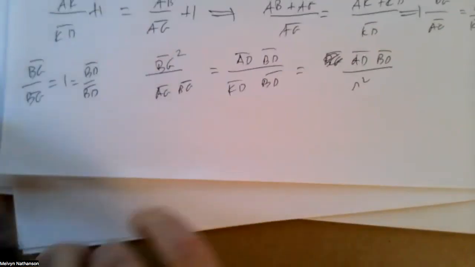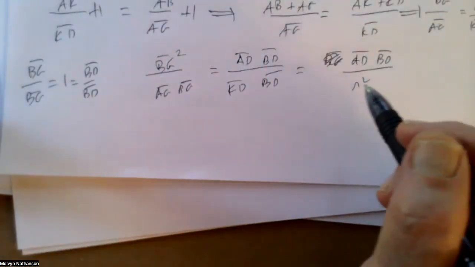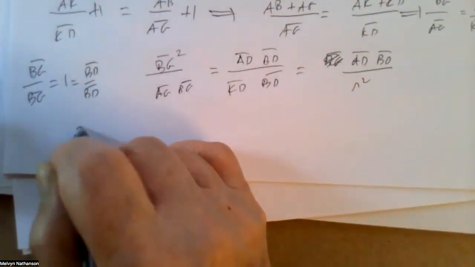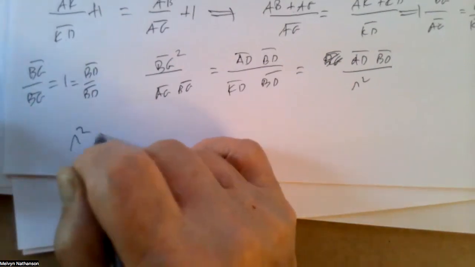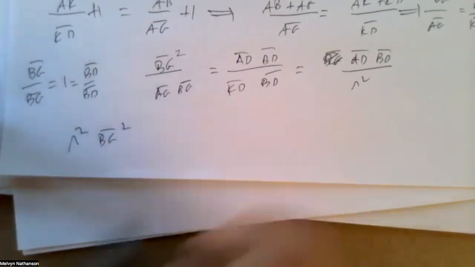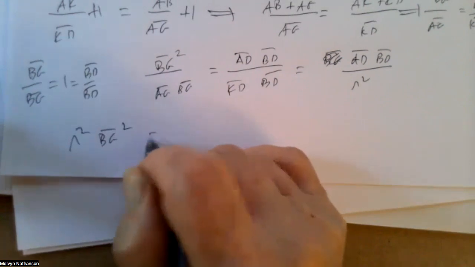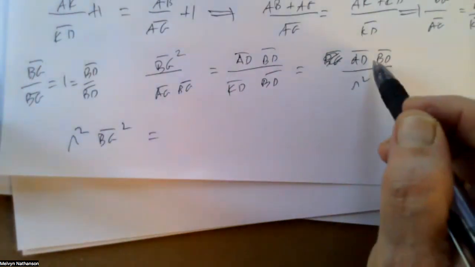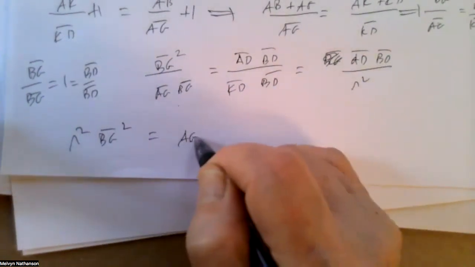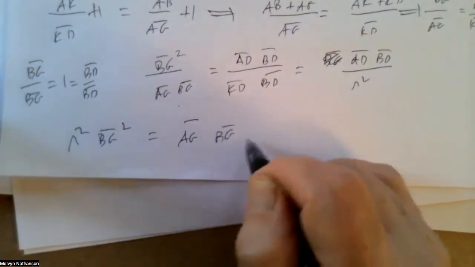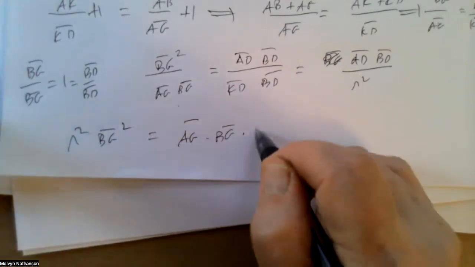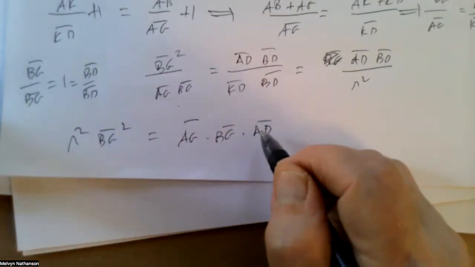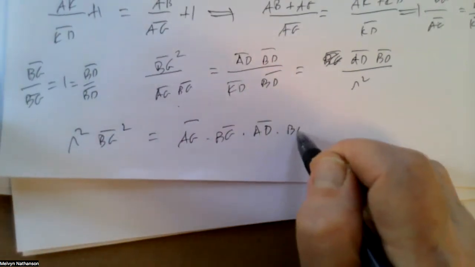So what we have is, if we cross multiply, R squared, the distance from B to G squared, equals the distance from A to G, distance from B to G, times the distance from A to D, times the distance from B to D.